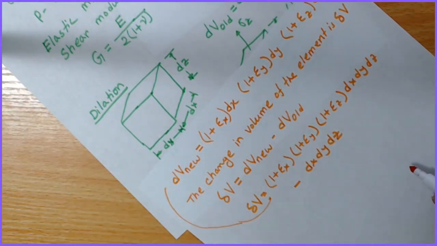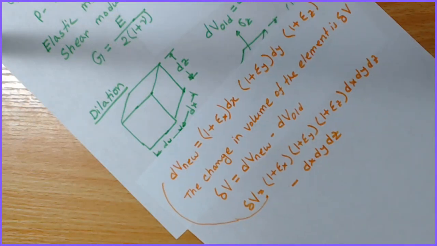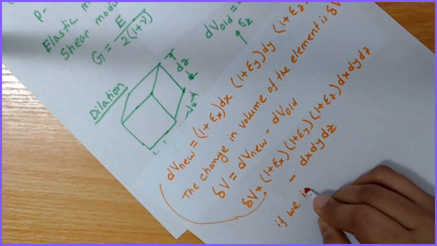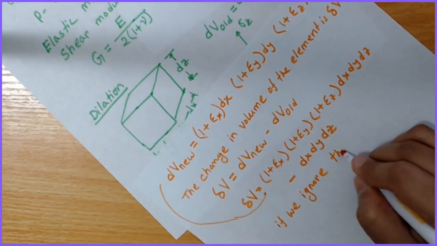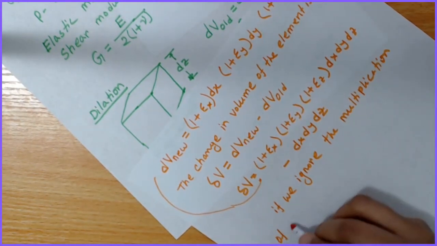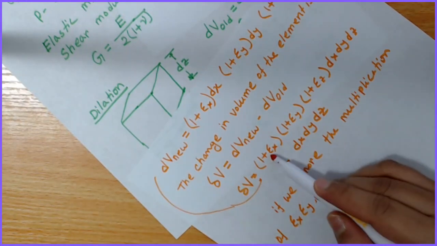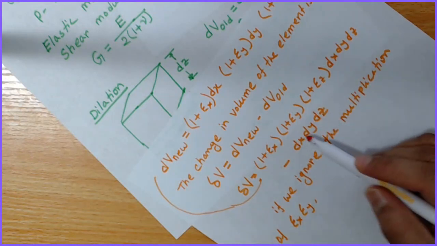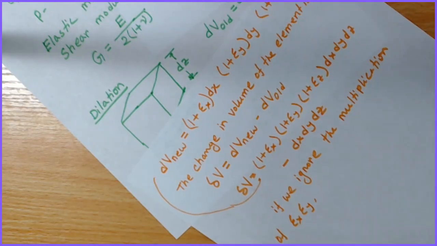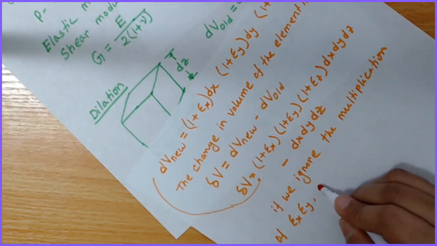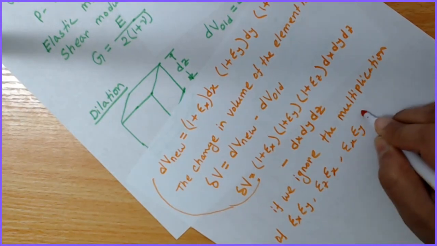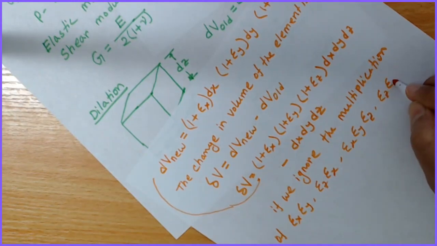I'm not going to go into the details of this calculation, but if you multiply these things, you will see there will be a lot of terms: epsilon x, epsilon y, epsilon z, and the products of the strains.